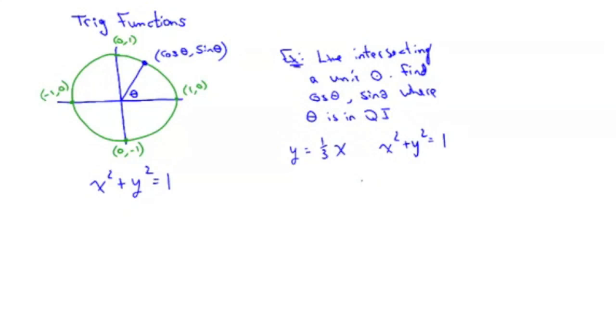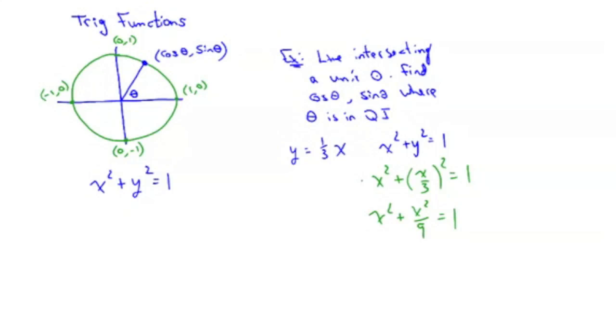You take the 1/3 x and plug it in for y over here. So you get x squared plus (x over 3) squared equals 1. x over 3 all squared is x squared over 9. So you get x squared plus x squared over 9 equals 1.